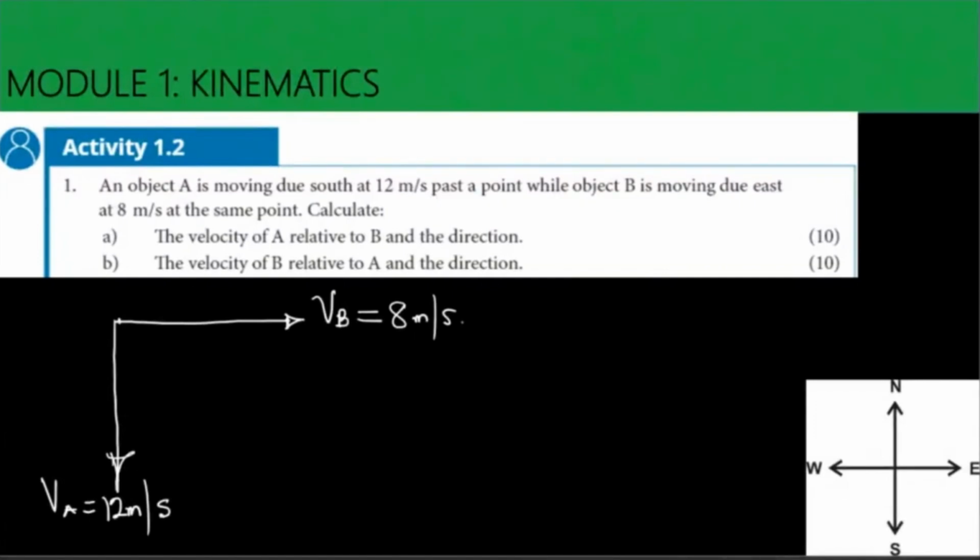Now, the first question says that you must determine the velocity of A relative to B and the direction.